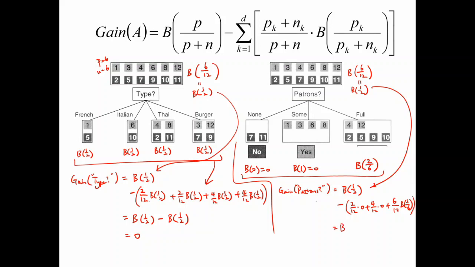So we have B of 1/2 minus 1/2 B of 2 over 6, which we know is greater than 0 for sure, because 50% is more uncertain than 33%. So this means that when we use Patrons as a decision point, we get to reduce the entropy, so we have some positive information gain.